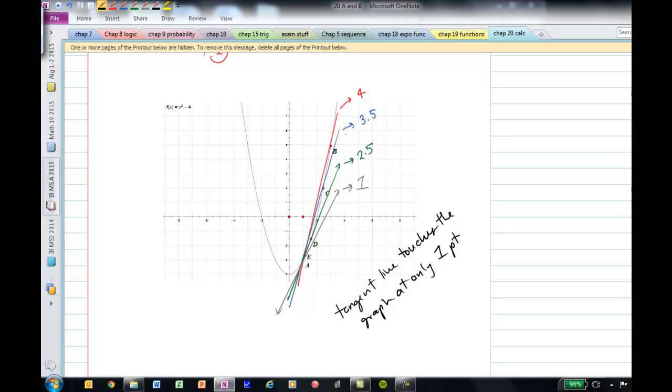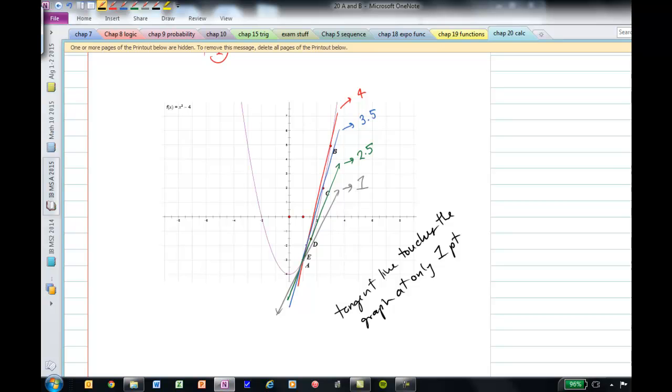As our points B, C, D, E get closer and closer to A, the secant lines we've had get closer and closer to being the tangent line. And when we have a tangent line, the slope of the tangent line becomes the average slope of the curve at that point A.